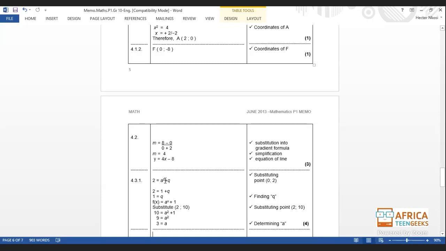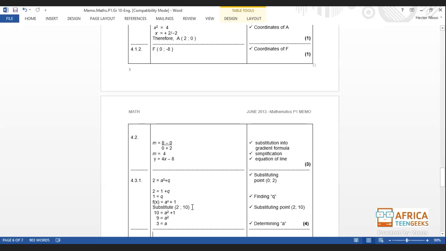Where there's x, we put 0. Where there's y, we put 2. Therefore, we're going to have 2 is equal to 1 plus q, because we know that any variable to the power of 0 is 1. Then we take 1 to the other side. So 2 minus 1 is 1. 1 is equal to q. So you do have your q. You know the value of q, it's plus 1.